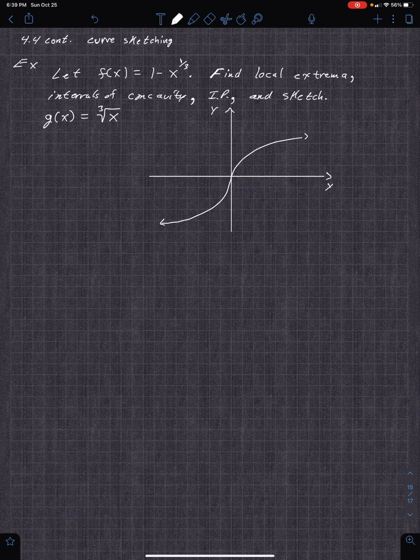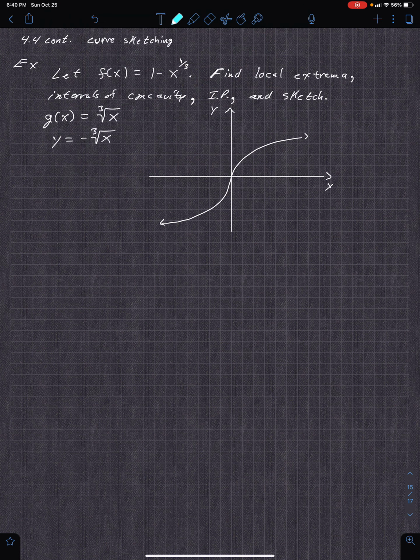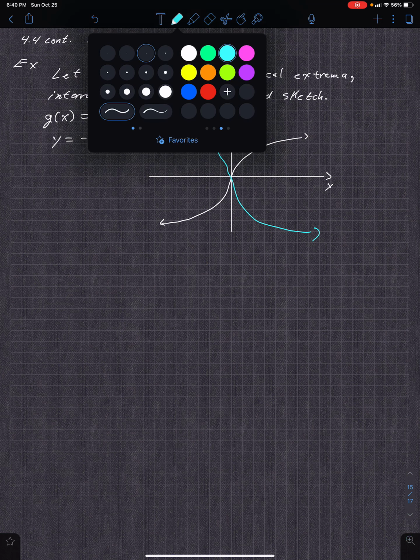If you said y equals negative cube root, that inverts it. So the negative cube root is going to do this to it, and it's going to be like this, basically. And then the 1 is another shift.